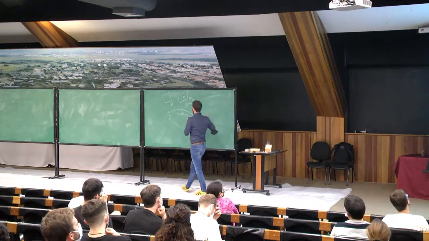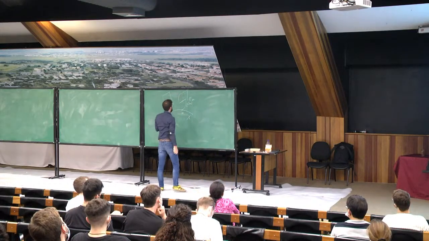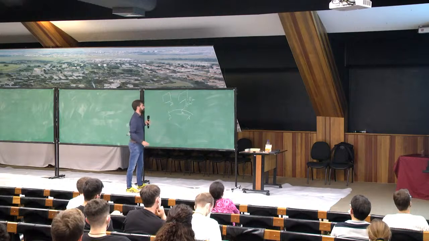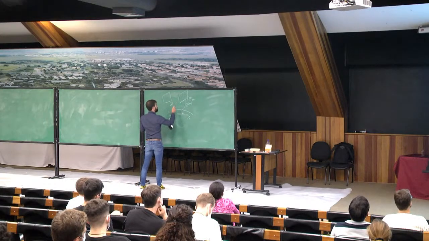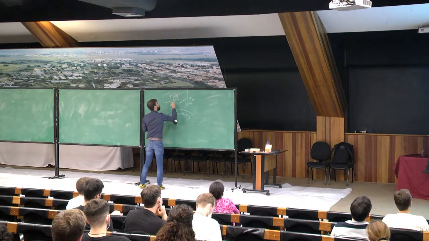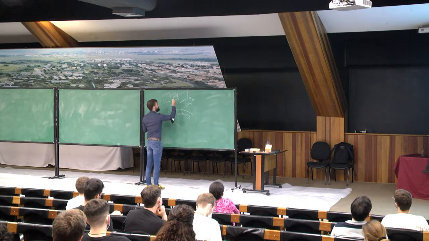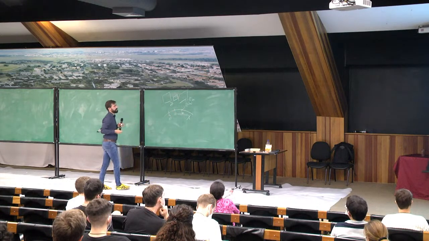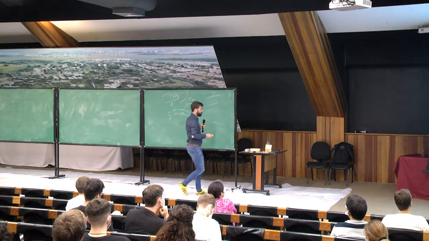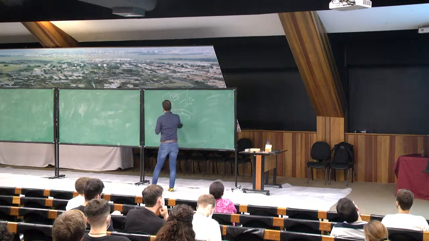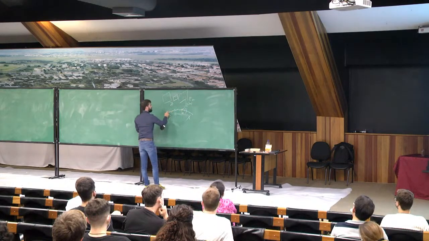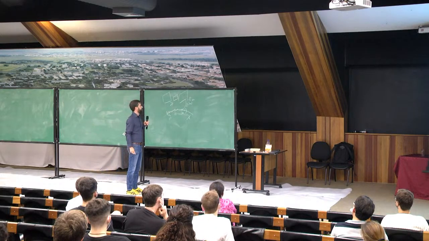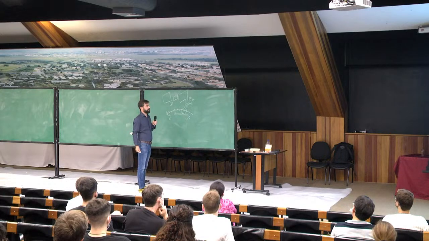So we fix an open set in our topological space, say that one here. We fix a G and an epsilon.